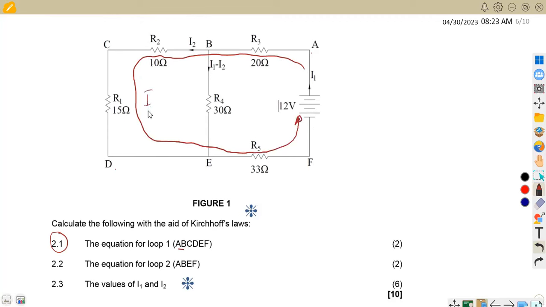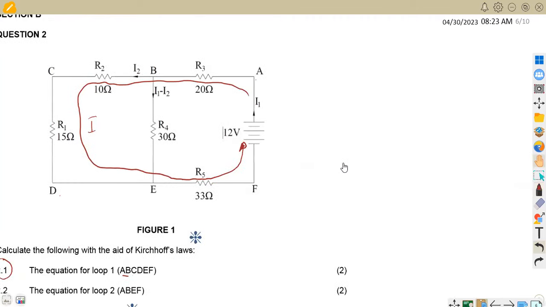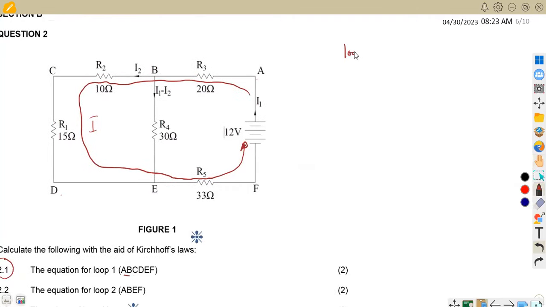This is what we are referring to as our loop 1. So from loop 1, what are we actually having in this case? Loop 1 is A, B, C, D, E, F, back to point A.